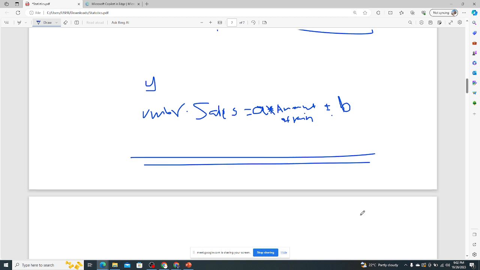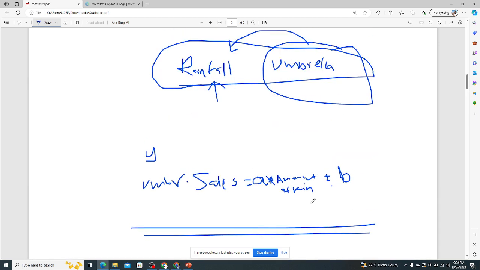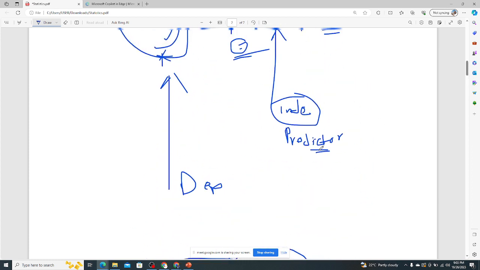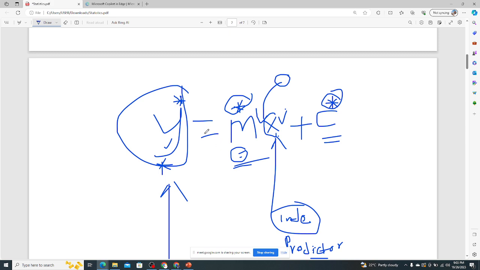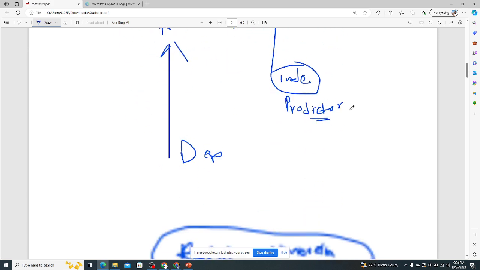So basically you can see this is a predictive model given different variables, and the model takes the linear equation y equals m x plus c.